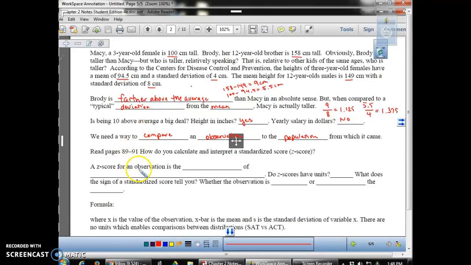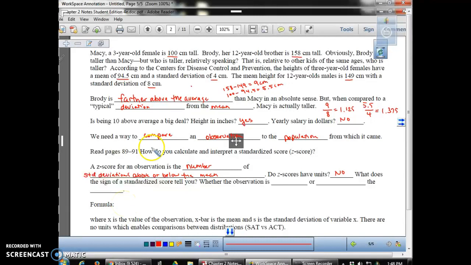A z-score for an observation, by definition, is the number of standard deviations above or below the mean. Do z-scores have units? No, because I'll show you in the formula in just a second, they cancel out.